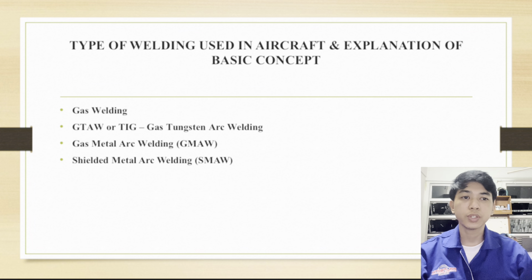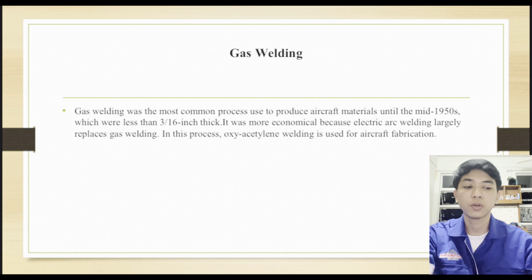Types of welding used in aircraft: gas welding, GTAW or TIG (gas tungsten arc welding), gas metal arc welding GMAW, and shield metal arc welding SMAW. Explanation of basic concept. Gas welding.